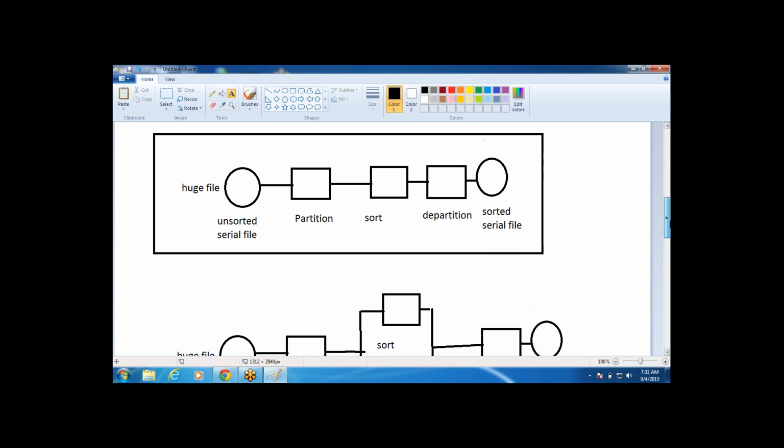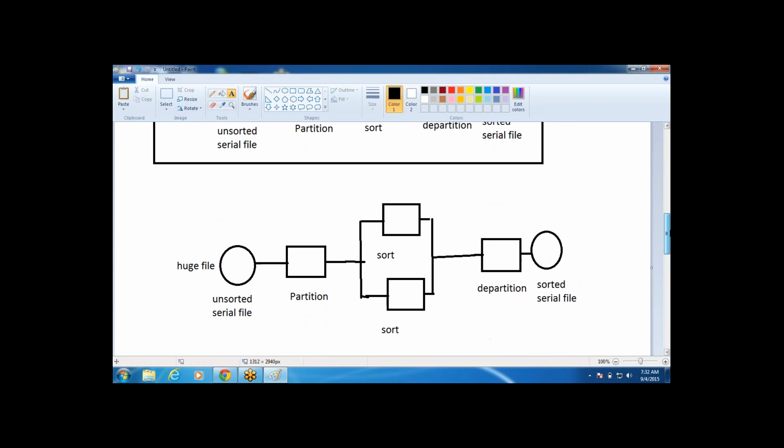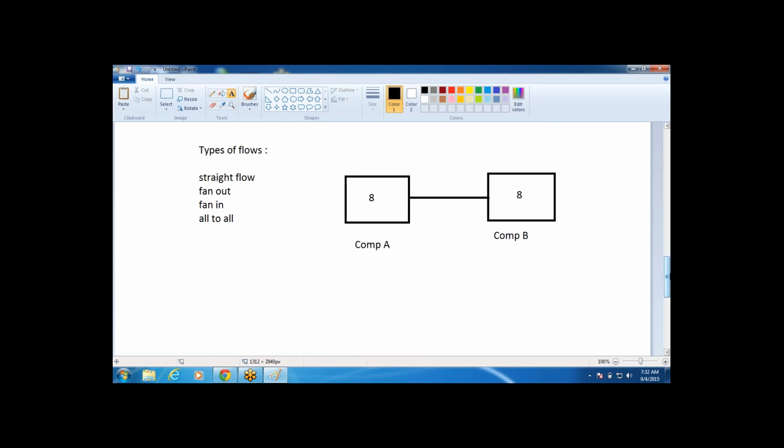But if you see the graph, whenever we are going to design, we will be designing like this. The sort component will take care of sorting the data on the partitions. Similarly, here the components A and B are running 8-way parallel, let's say. So I can create only one flow for this.